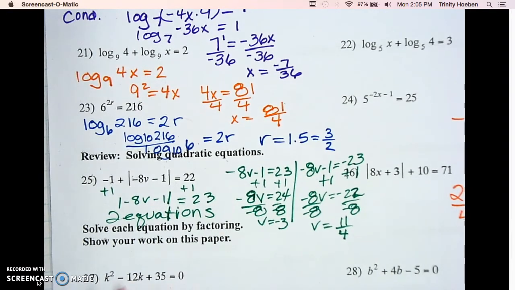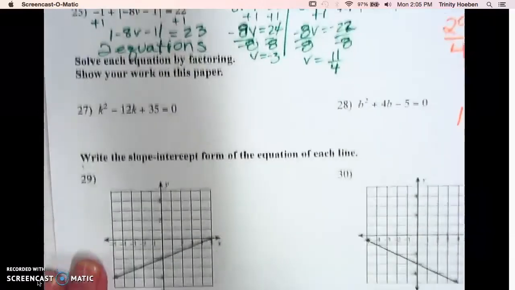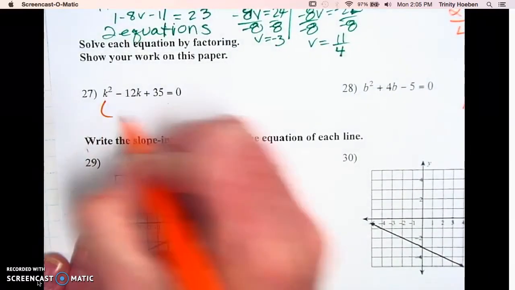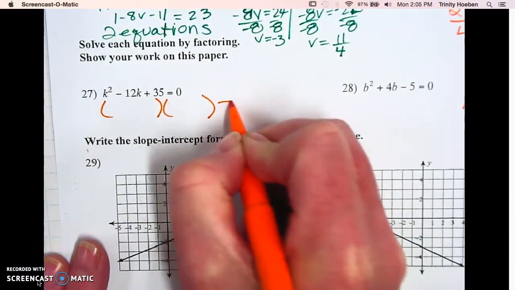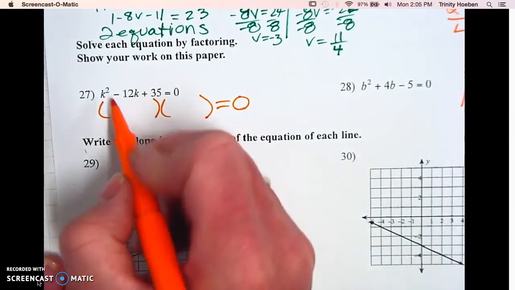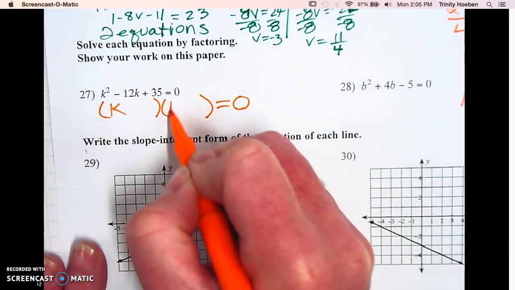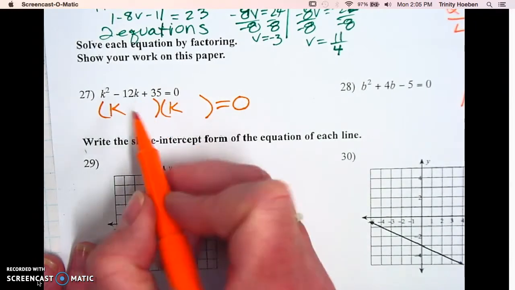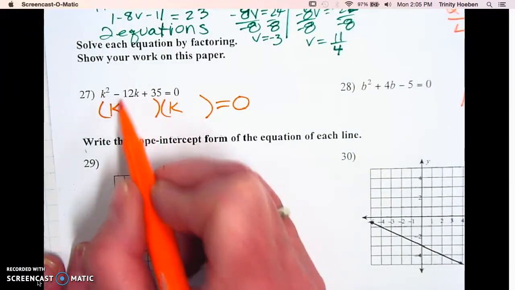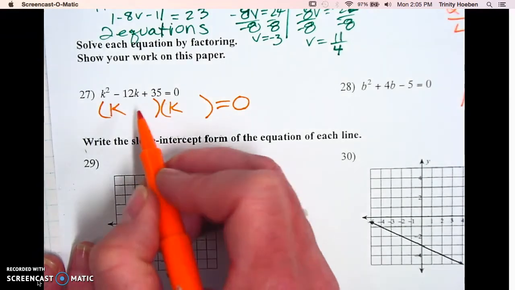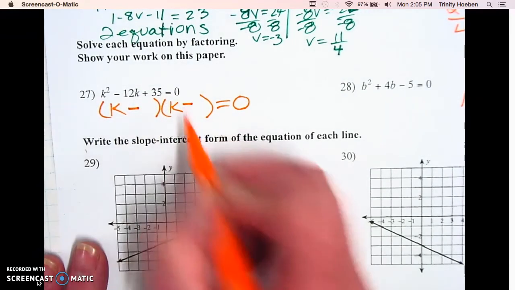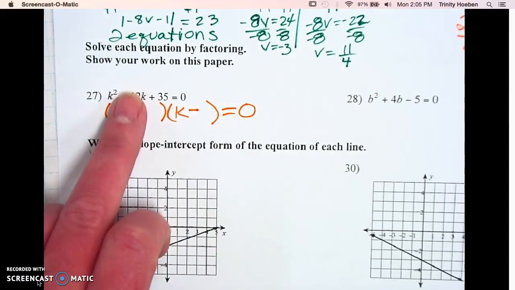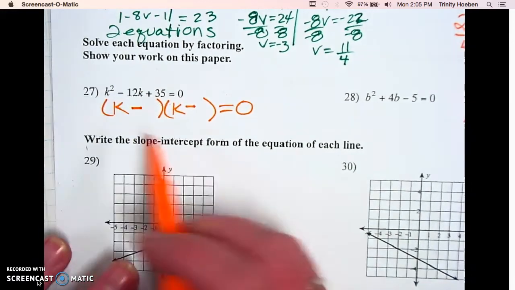Number 27, we want to solve each equation by factoring. So on this one, we're going to get the factors first and then solve them. I know to get k squared, I need to multiply k times k. And then to get 35, I need to multiply two numbers that also need to add up to get negative 12, which means they're both going to be negative, because a negative times a negative is a positive, and a negative plus a negative is a negative.